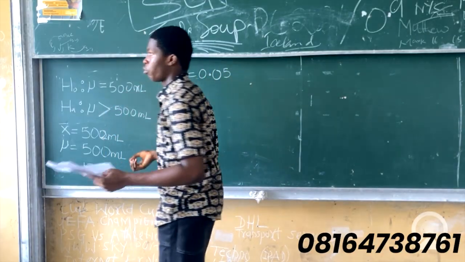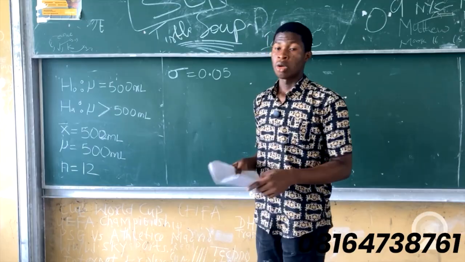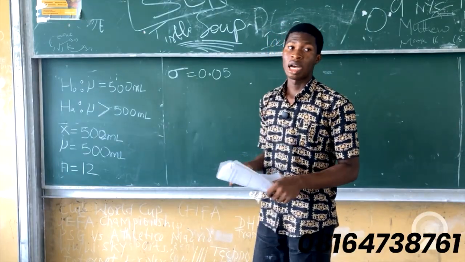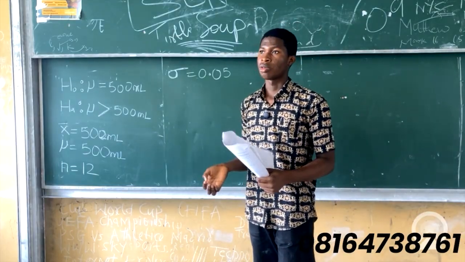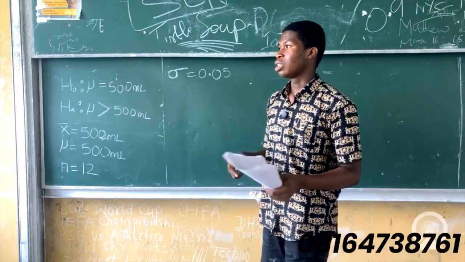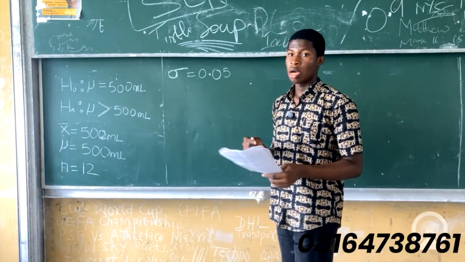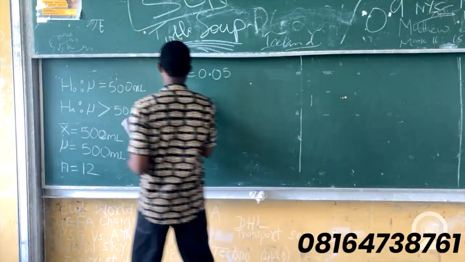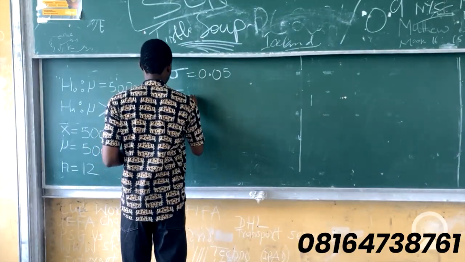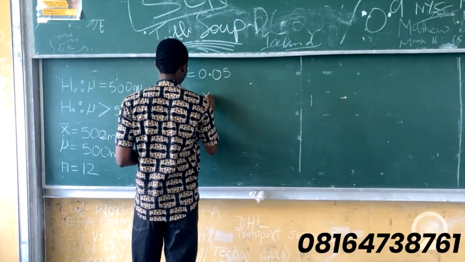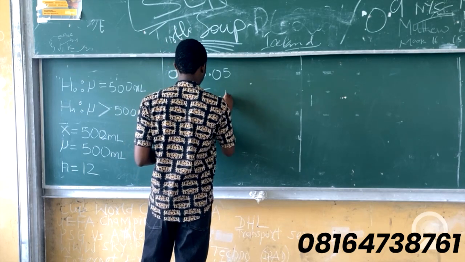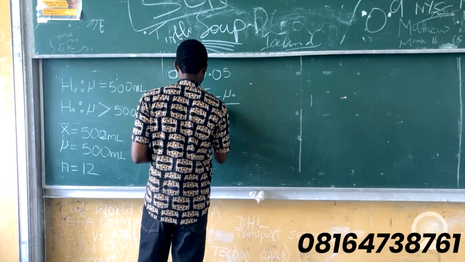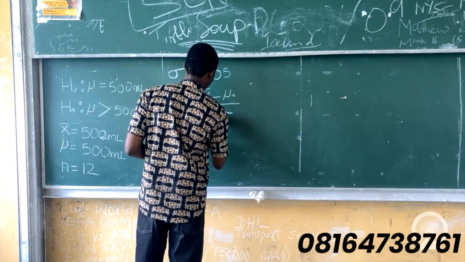So now, from the previous video we watched, we are going to compare the T calculated value and the T critical value, and see whether it goes above or below. First we find the T calculated value using the formula: T calculated is equal to X bar minus mu divided by S over root n.